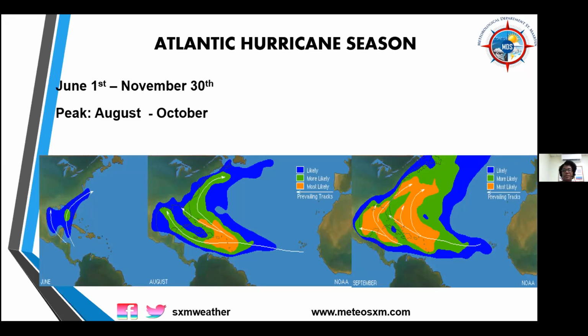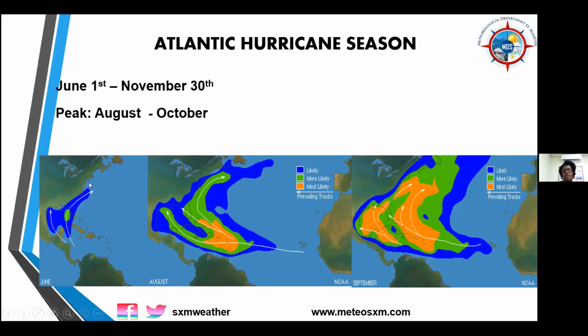January, December, February. February is the least common one, but every single month of the year, a storm has developed. But these six months, June 1st to November 30th, are just the period of time where most of them form. So that is considered our hurricane season.